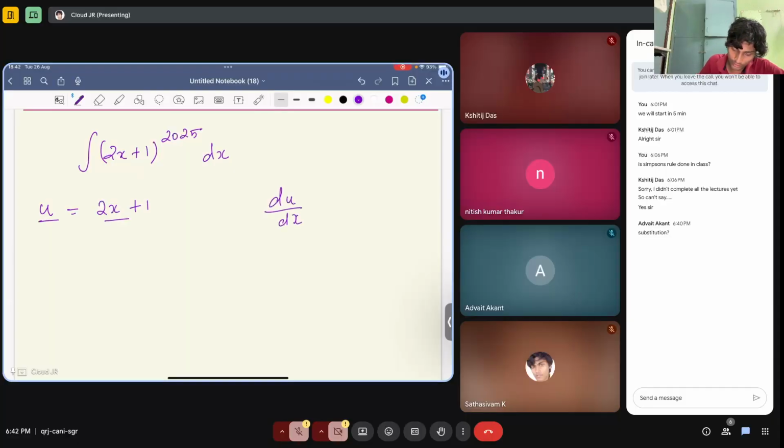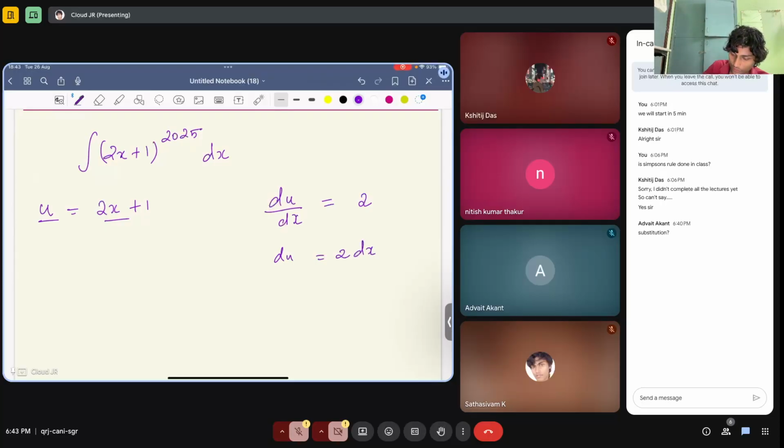U is a function of x, right? So I can take du by dx. Du by dx is nothing but just 2, and that gives you du is 2 dx.